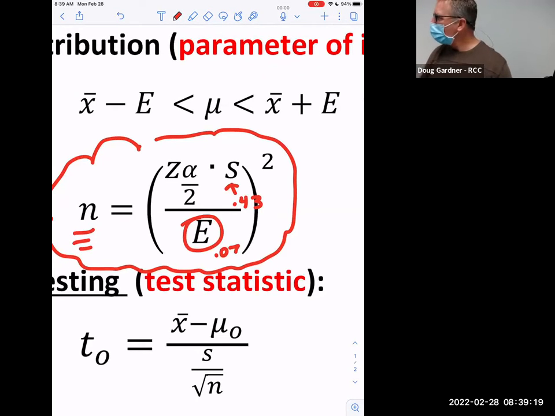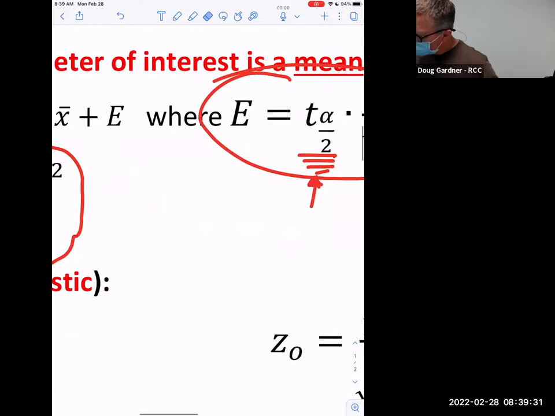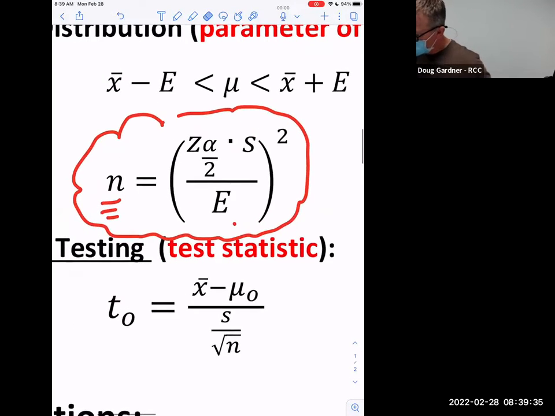The answer is no, because what does a T score require? Like a second ago when we found T of alpha over 2, we put a percent in, and what was the next thing we put in? Degrees of freedom, which actually depended on n.